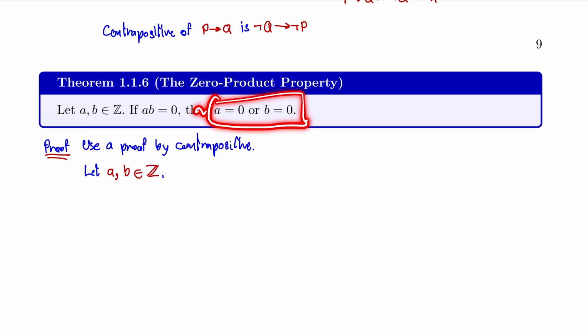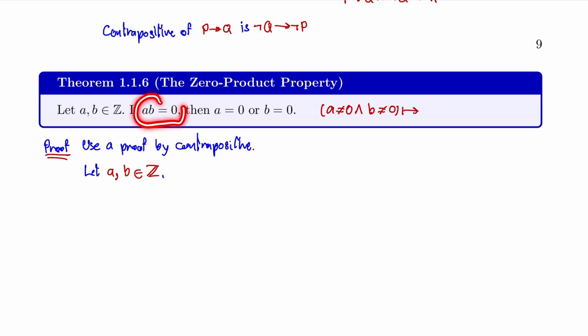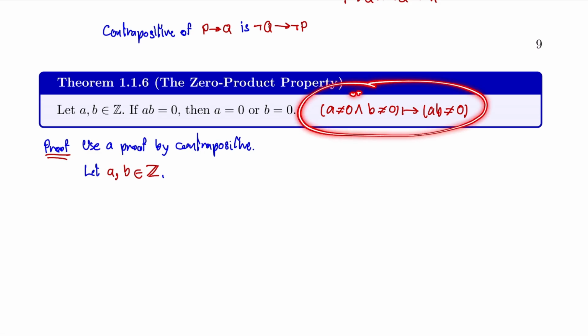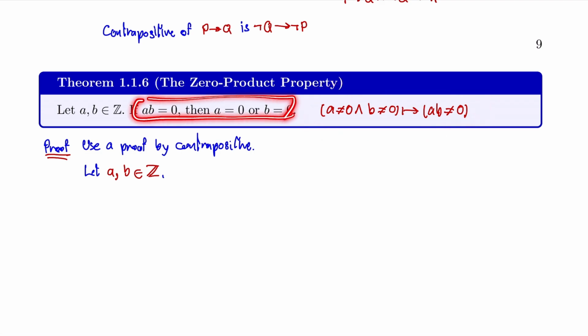Not this statement is: a is not 0 and b is not 0. Then we're going to have a times b not equal to 0. I think this way is easier than proving this one directly.